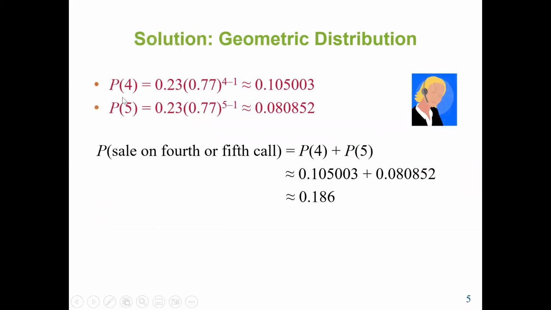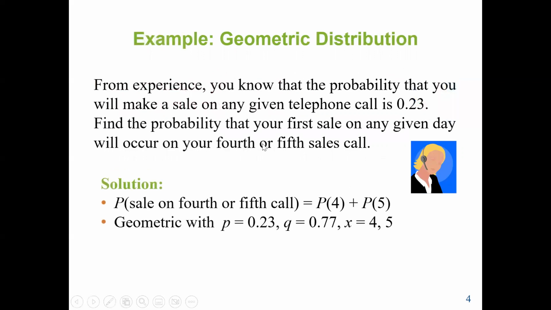To find this, first we need to find the probability of 4, then we find the probability of 5. And we know this is the addition rule of probabilities because the question said or. So we know probability of A or B will be probability of A plus probability of B.